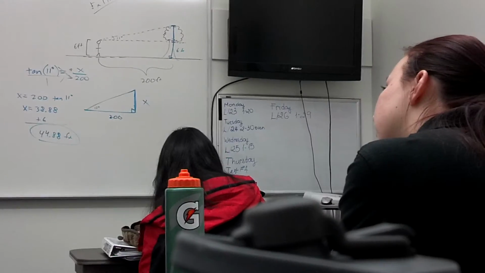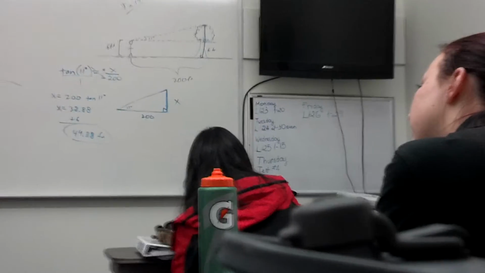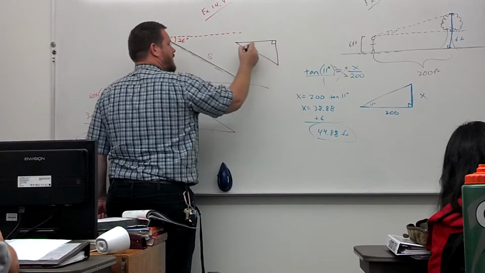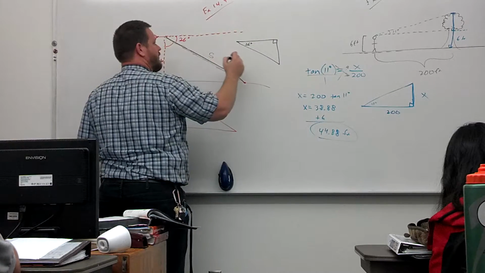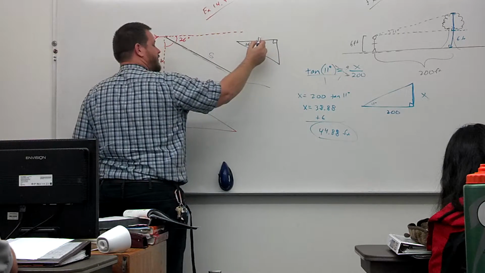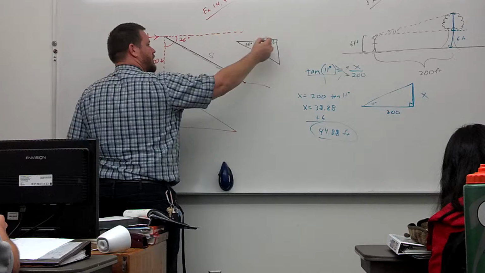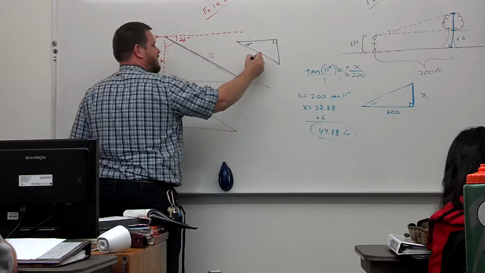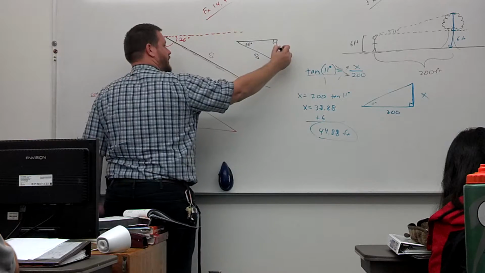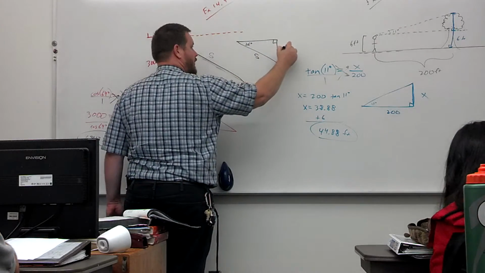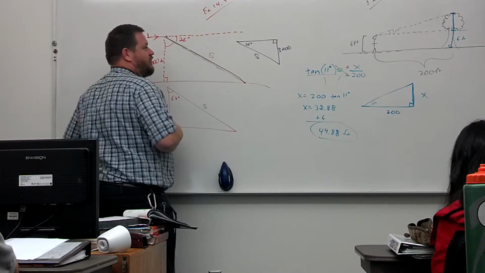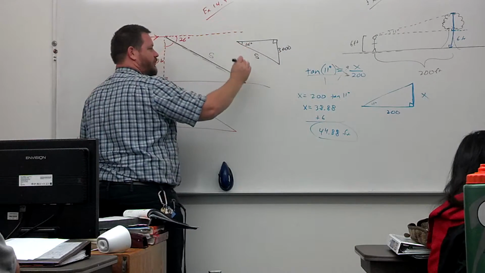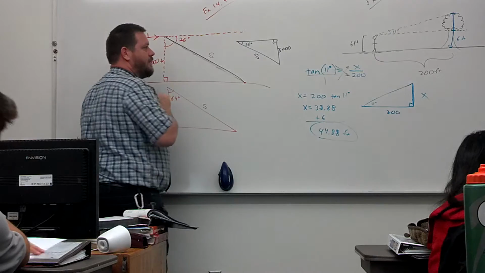The other way we could have done this one is if we did this triangle here. This would be 26 degrees. What's this? We don't know. Do we care? No. This would be our S, and this would be 3,000. What's our relationship here? We've got opposite and hypotenuse, which is sine.